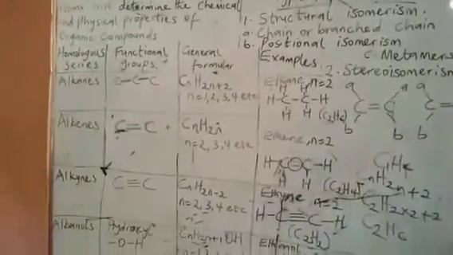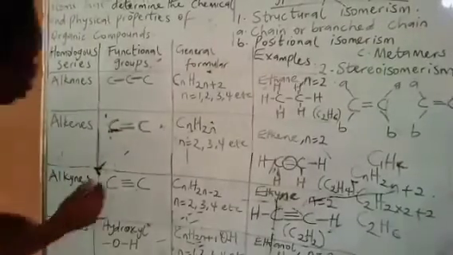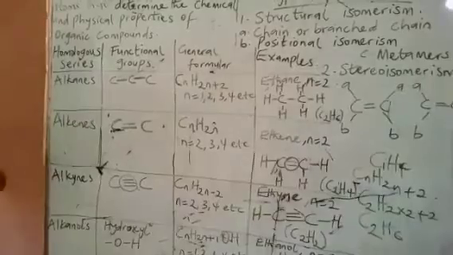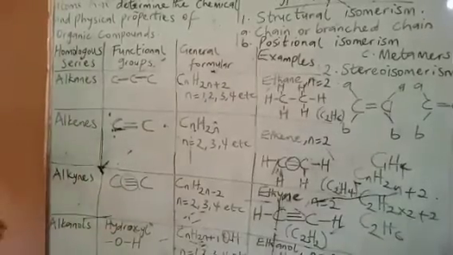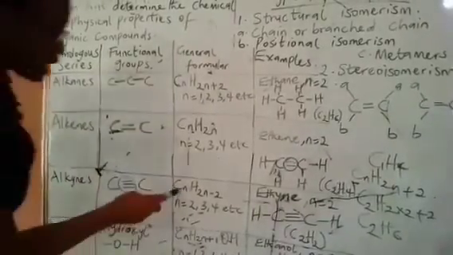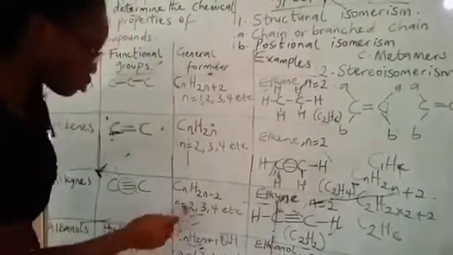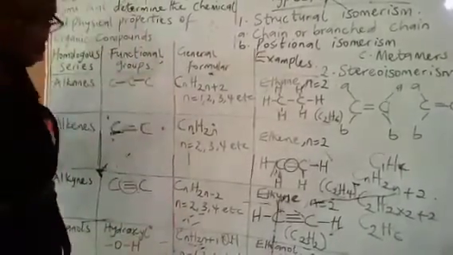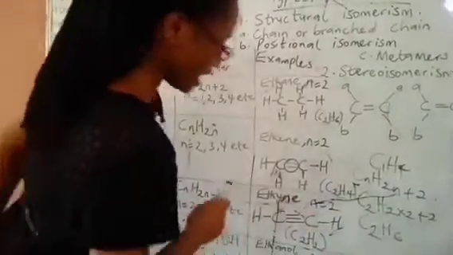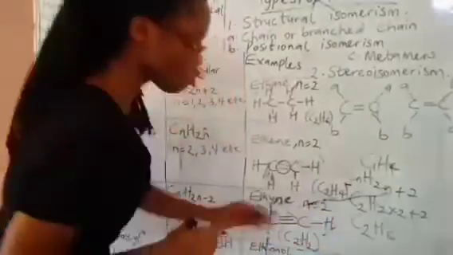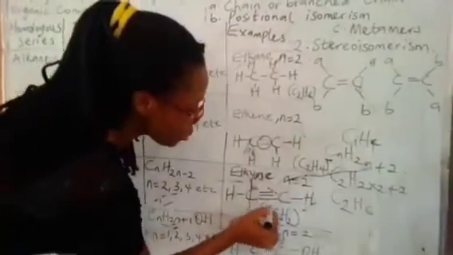Now we have the alkynes. Alkynes are denoted by the presence of a triple bond. Whenever you see a triple bond, we are talking about the alkynes. Of course, the general formula is CnH2n-2. The n can be 2, 3, 4, as the case may be. We have an example, ethyne, making use of 2 carbon atoms and a triple bond.